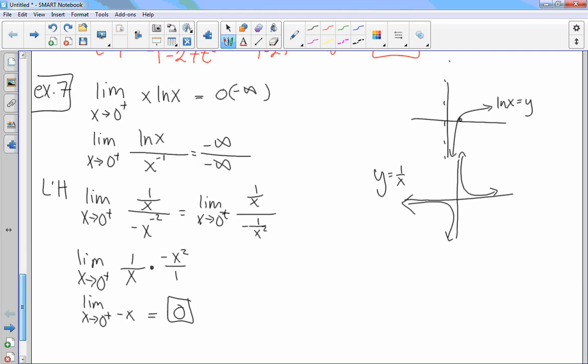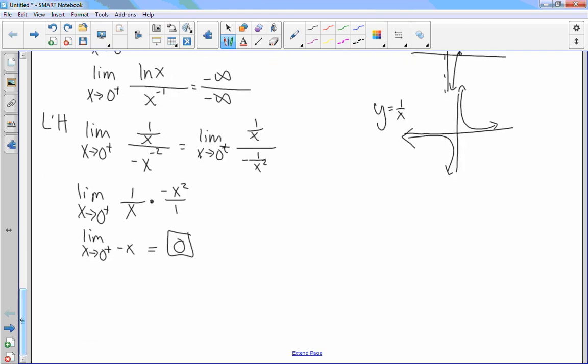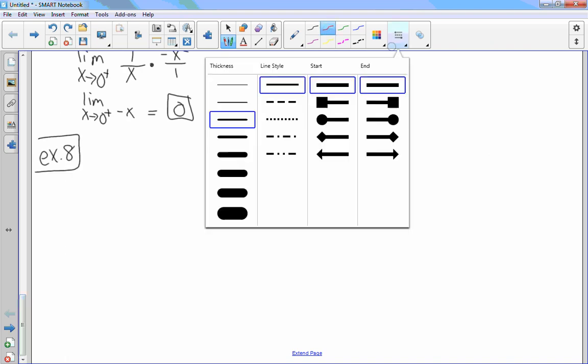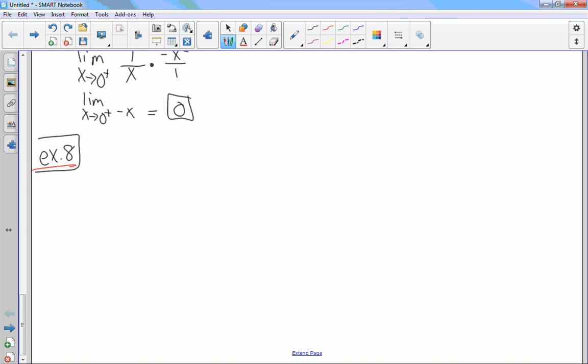Let's do a couple more, a bit more difficult ones. Example 8. The limit as x approaches negative infinity of x e to the x.